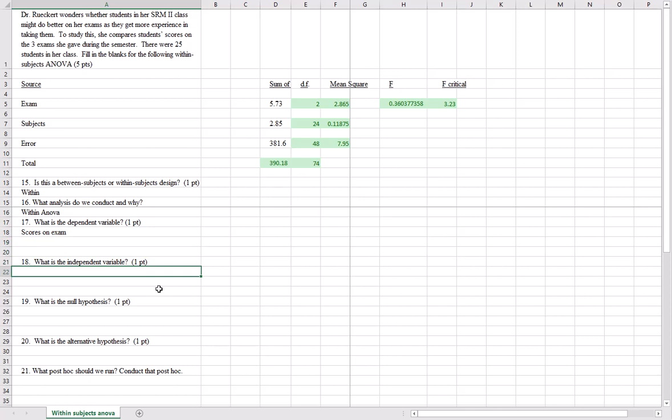The independent variable is class or time taking. Null hypothesis: all scores will be equal. Alternative: not all will be equal.